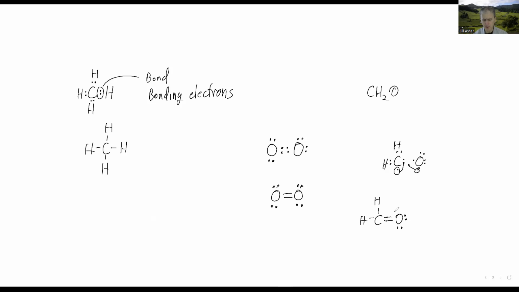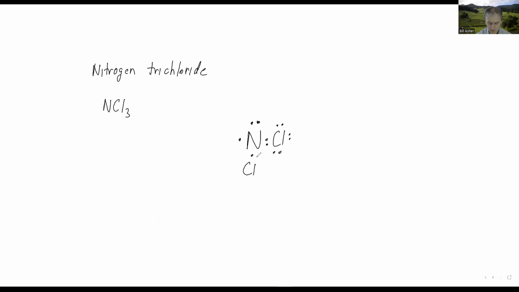So one of the examples in the book is the Lewis structure of nitrogen trichloride, which would be NCl3. So we have N, and then we have 1, 2, 3, and each chlorine has got 1, 2, 3, 4, 5, 6, 7.